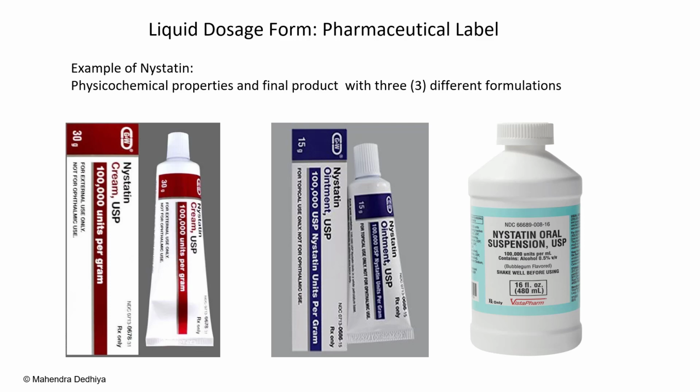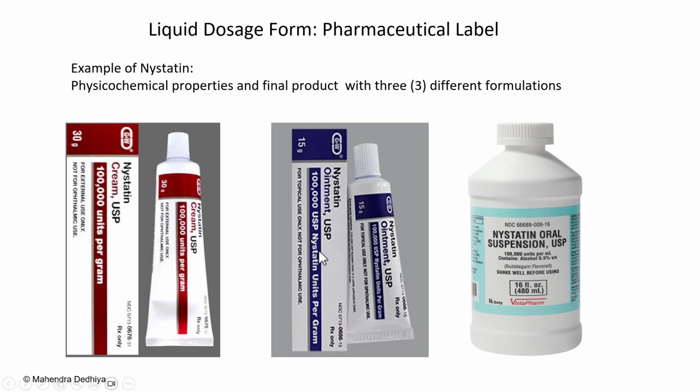Liquid dosage form pharmaceutical label. Example of nystatin, an antifungal agent. Physicochemical properties, and the final product with 3 different formulations is shown here. It's the same active ingredient at same strength, i.e. 100,000 unit per gram. Nystatin can be a cream formulation as shown here.